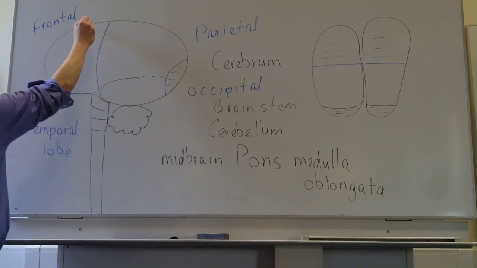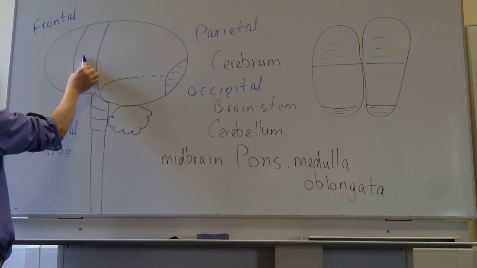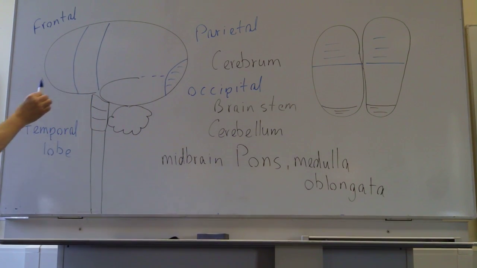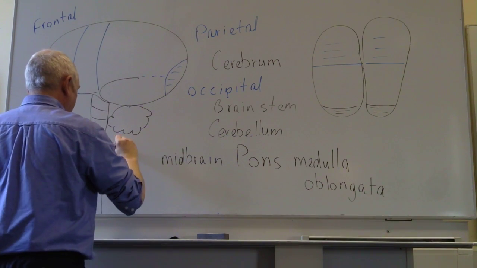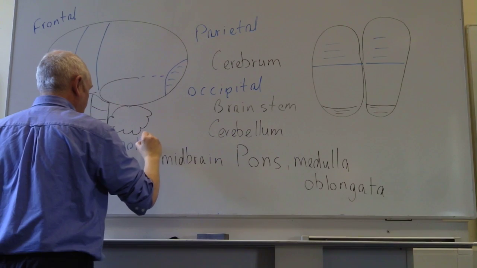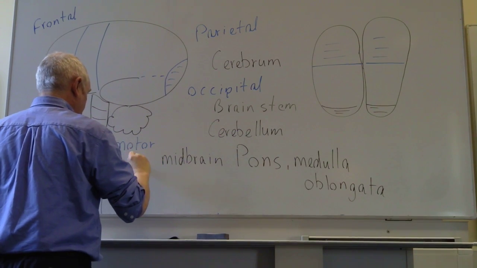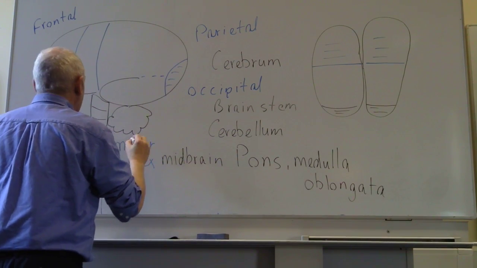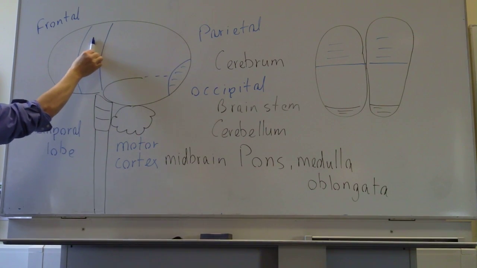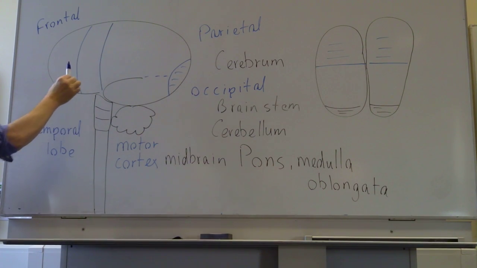Now this area of the frontal lobe here is called the motor cortex. So this strip is the motor cortex.